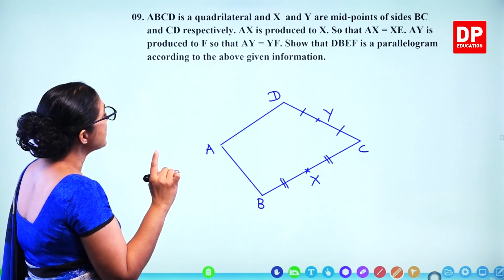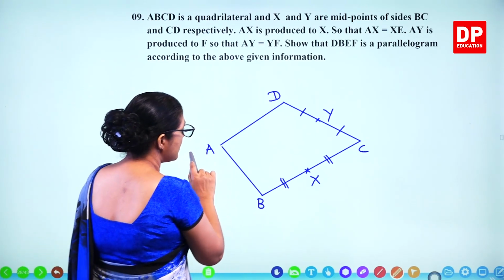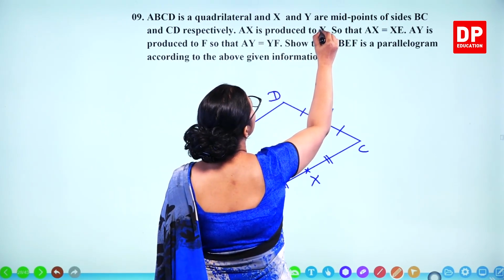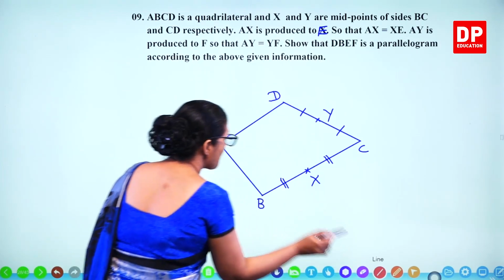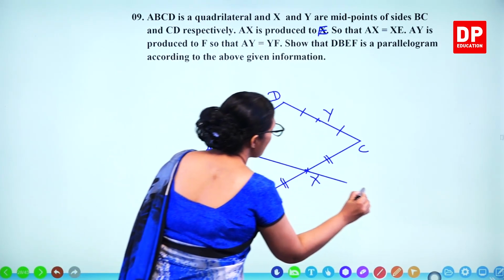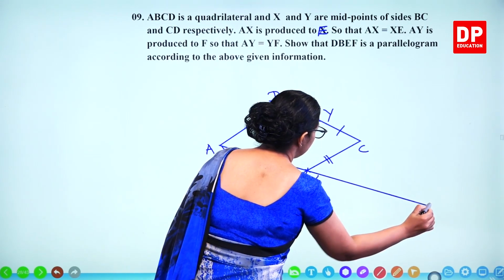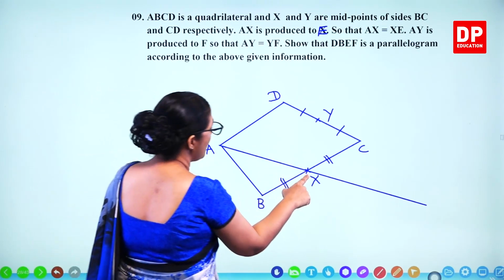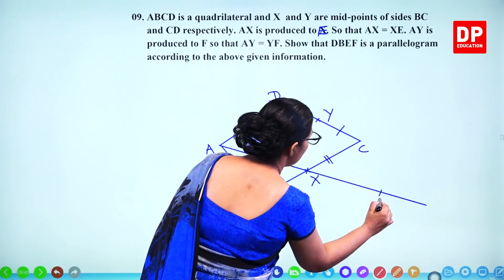Then, AX is produced to E, so that AX is equal to XE.